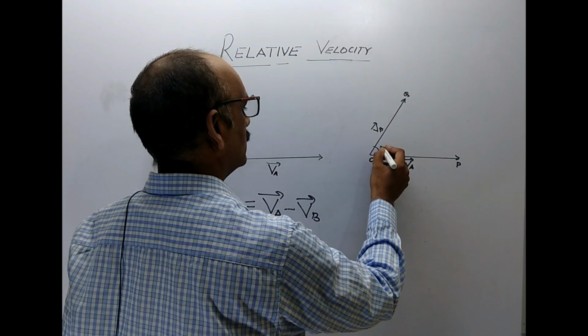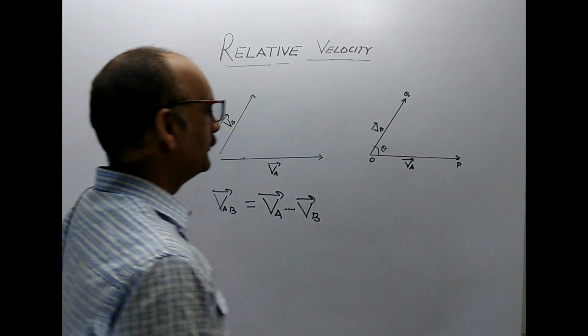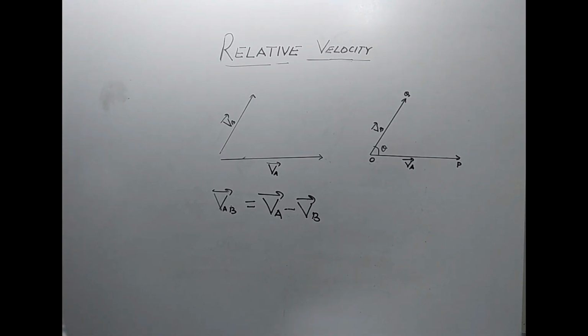Theta is the angle between these two velocities.